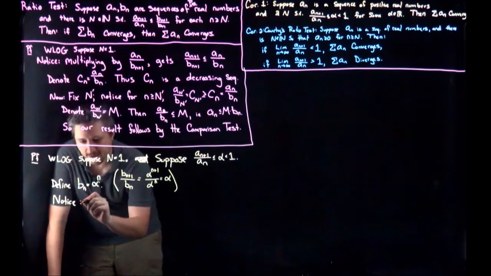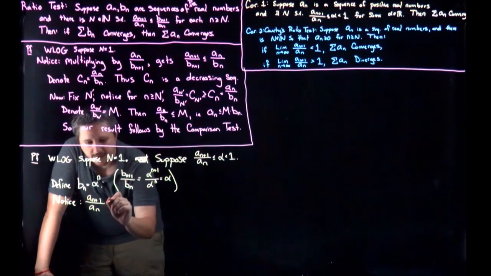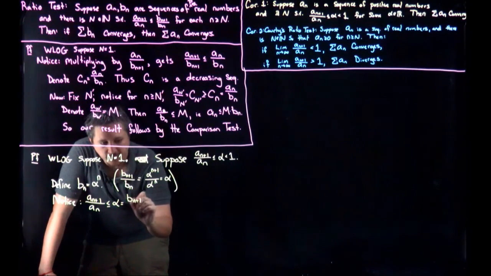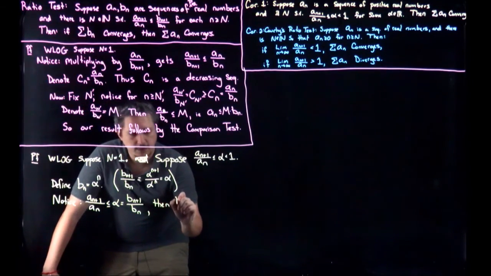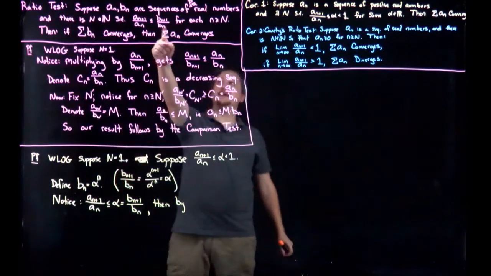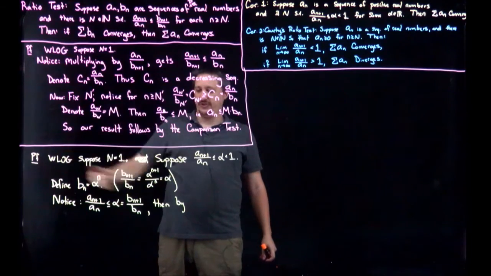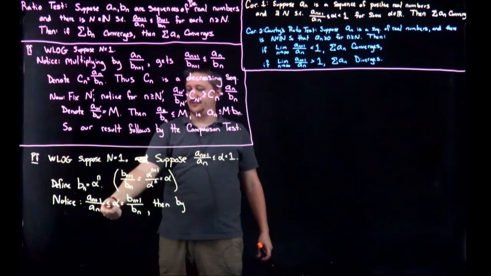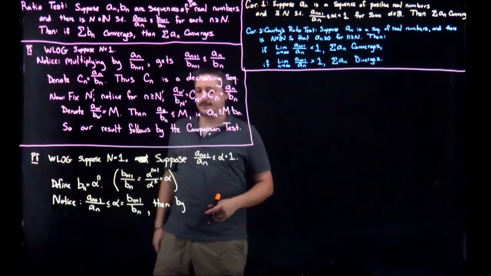So in particular, notice then that since an plus 1 over an is less than or equal to alpha, and alpha is bn plus 1 over bn, then by the previous theorem, this is a corollary of, I now have a bn that is greater than or equal, right, in that ratio, greater than or equal, for each of the n's moving forward. And that tells me then if this series, the bn's converge, then the series an converges.